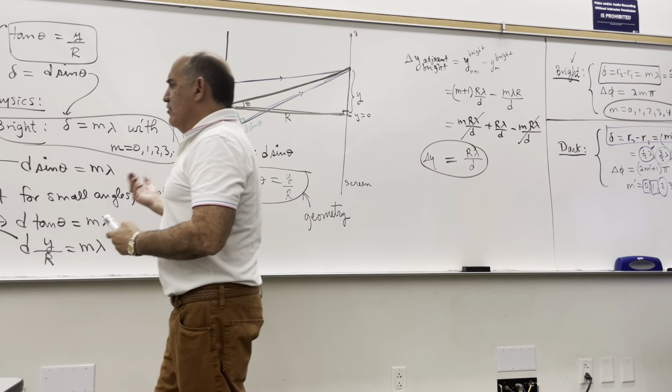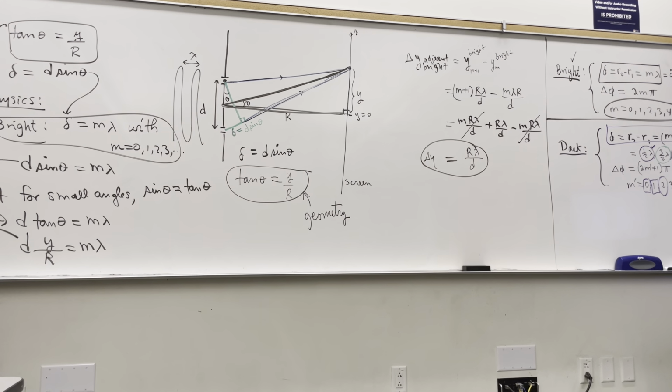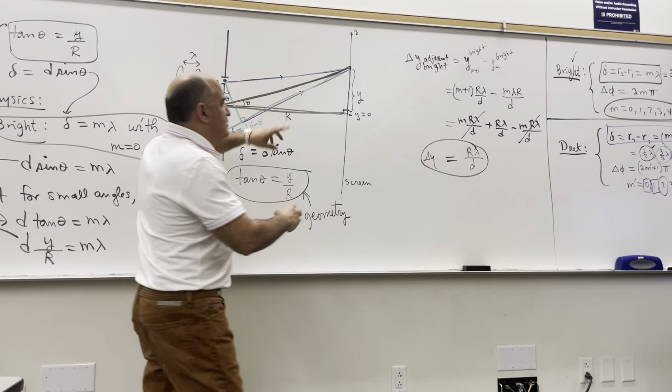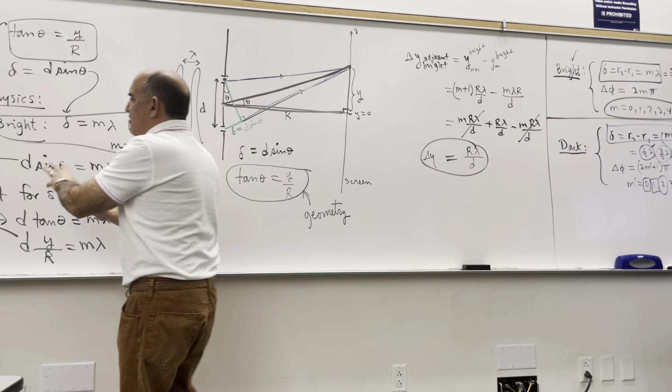And you can derive an expression for the values of y on the screen that would give you dark spots. The only difference is that this is going to be m plus a half, actually, and I call it m prime plus a half. So I'm doing this as just algebra and geometry, doing the math, right?